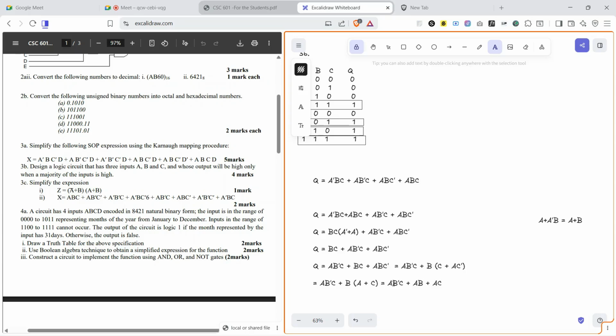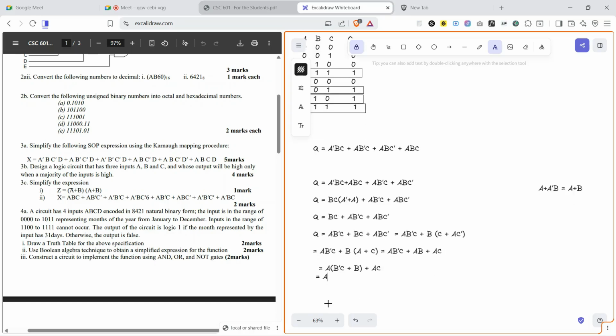Then the final expression, the second part, we'll do it the same way we did this. So that would be equal to factorizing A into B bar C plus B plus AC. Sorry, it's supposed to be BC, not AC, that last one.